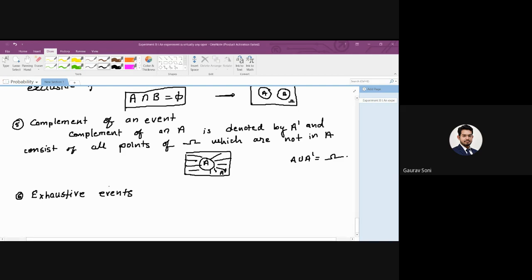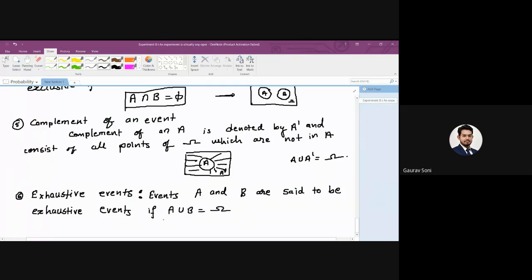Okay. So events A and B are said to be exhaustive events if A union B is equal to sigma, the complete sample space.